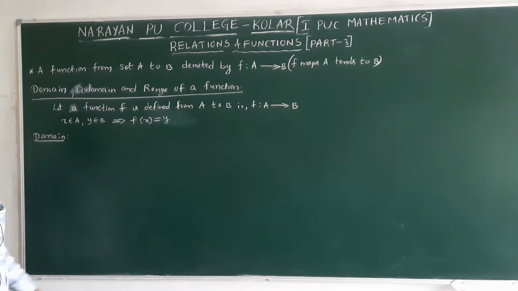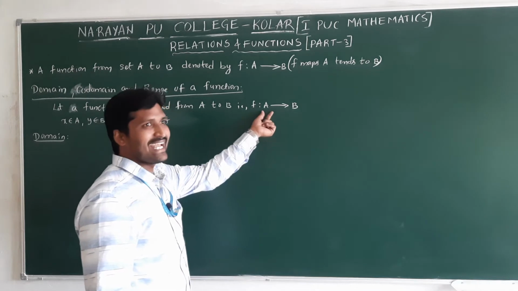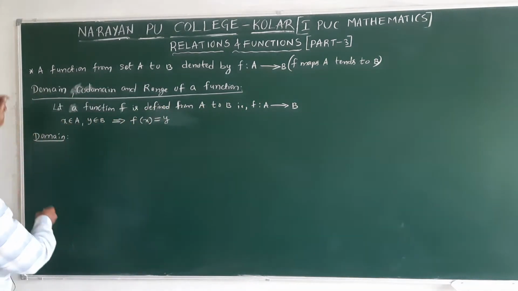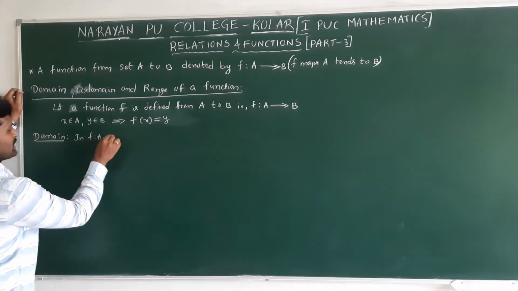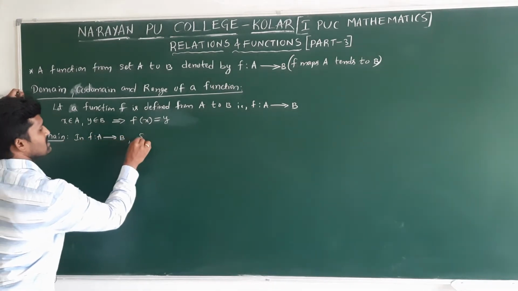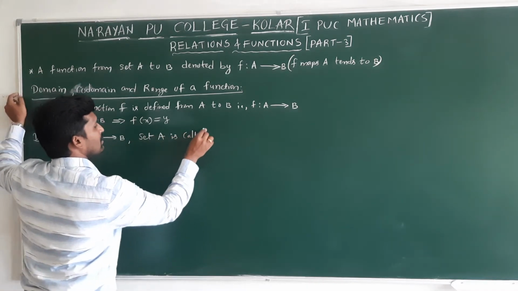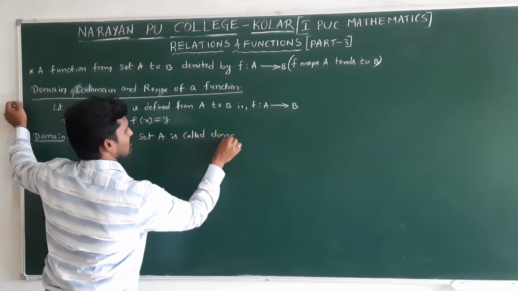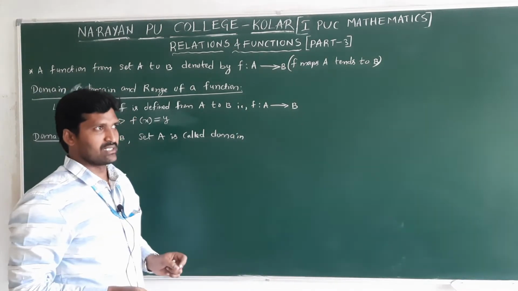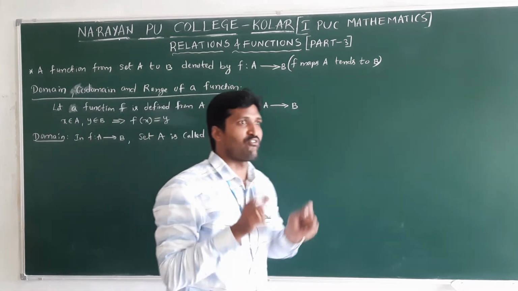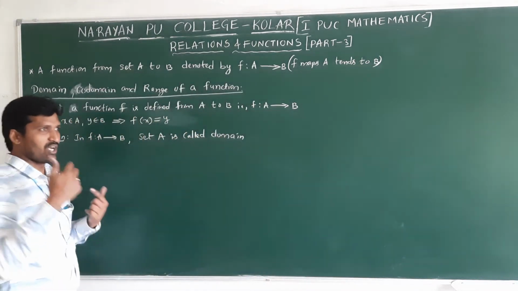Domain means if the function is defined from set A to set B, the whole set A is called the domain. In f maps A to B, set A is called the domain. And one more thing, domain means the function value gets a finite value, not an indefinite or undefined value.